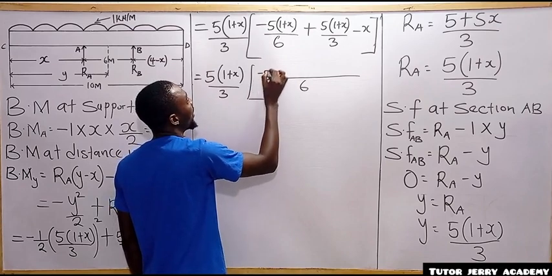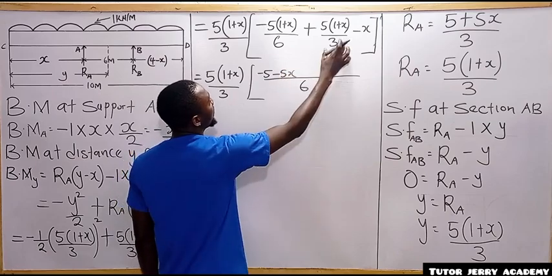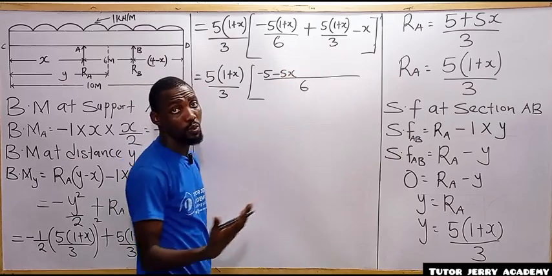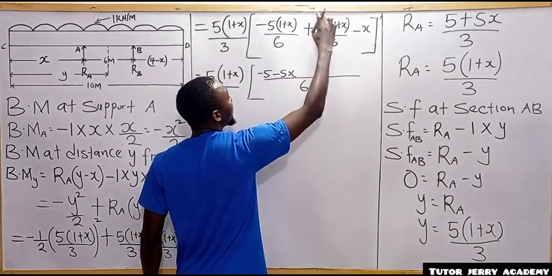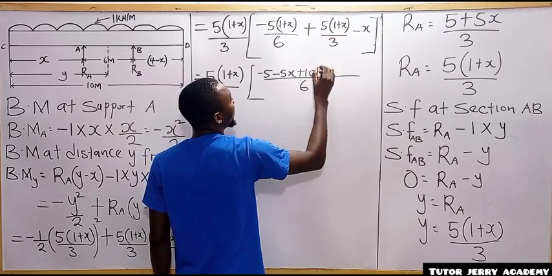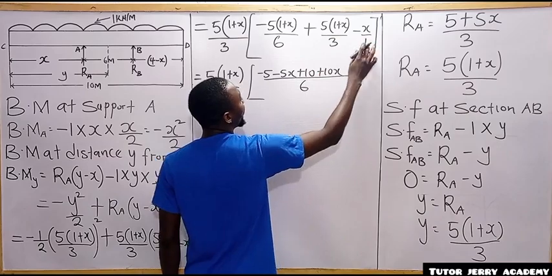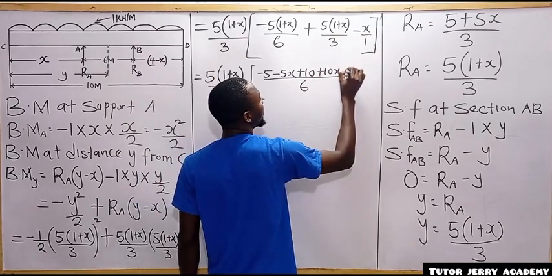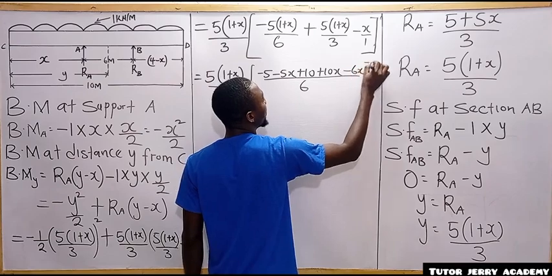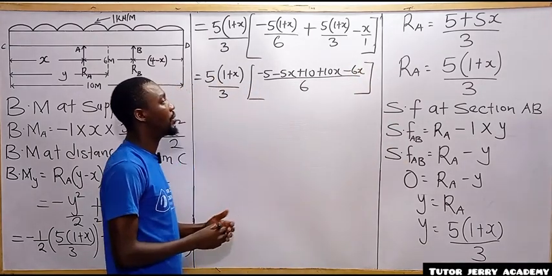We're going to have minus 5 minus 5S. 6 in 3 is 2, 2 times 5 is 10, 10 times 1 is 10, 10 times this is 10S. Then this one is over 1, 1 in 6 is 6, 6 times this is minus 6S. All right, so this is what we are going to have.